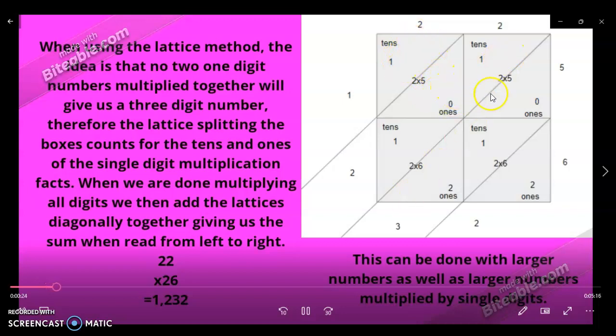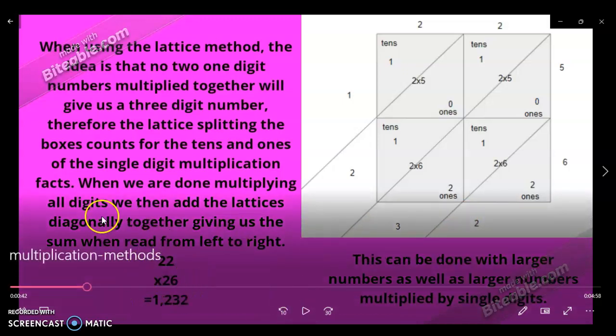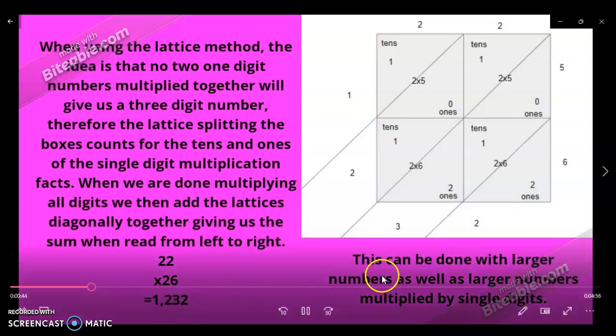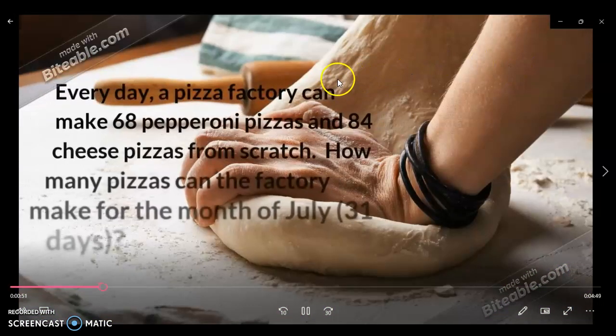When we are done multiplying all of the digits, we can add the lattice diagonally, carrying the ones just as we do when we usually multiply or add, and the total can be read from left to right here. So 22 times 26 gives us 1,232. This can also be done with larger numbers, as well as larger numbers multiplied by a single digit.